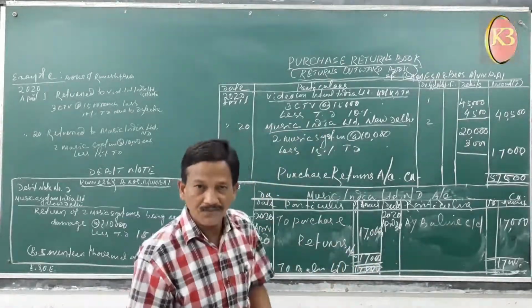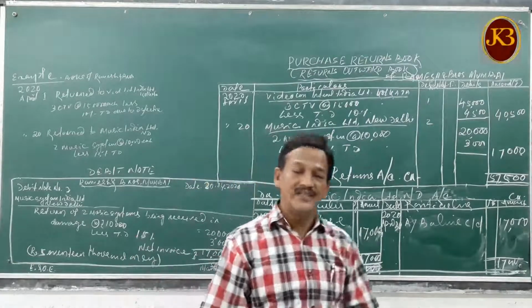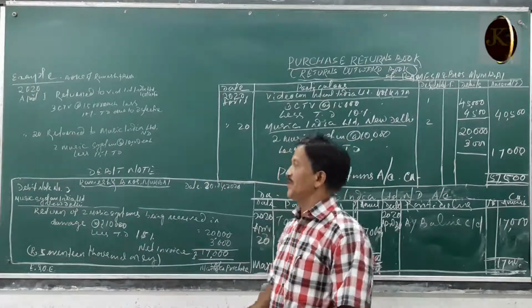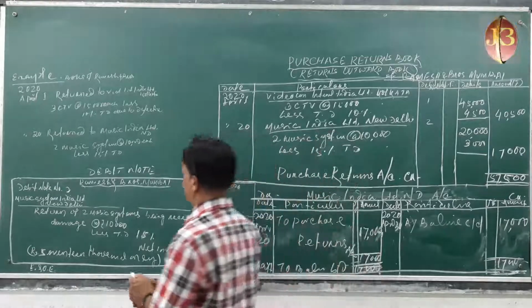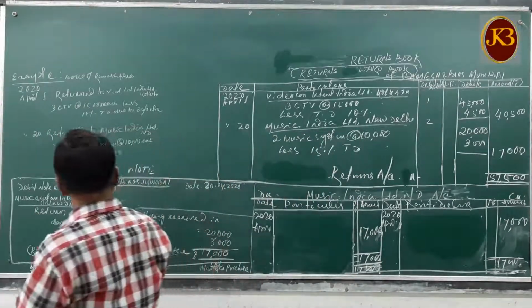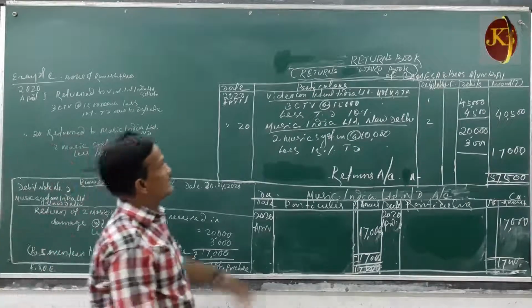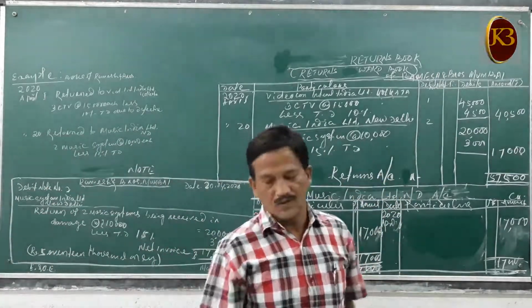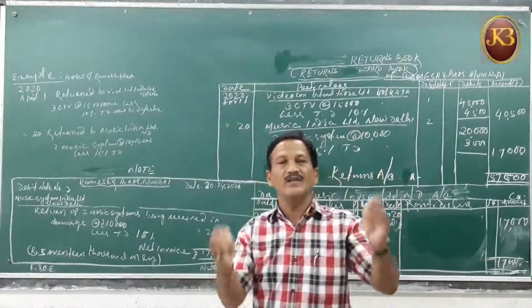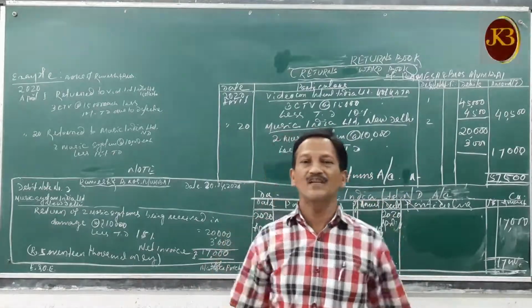So now let's come to the sales return book. How will you prepare the sales return book? So this is the sales return book. The purchase return book you have understood. Now comes the sales return book.